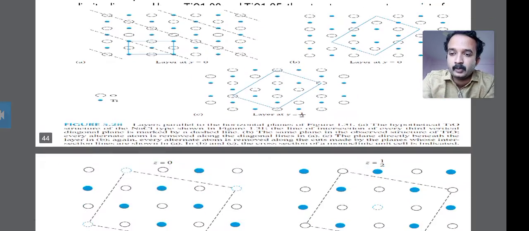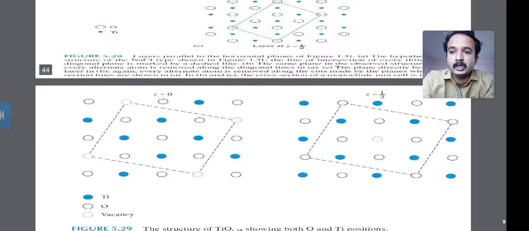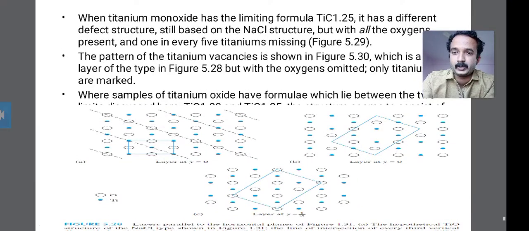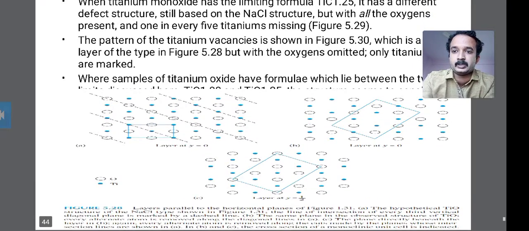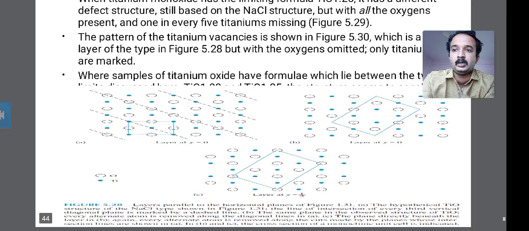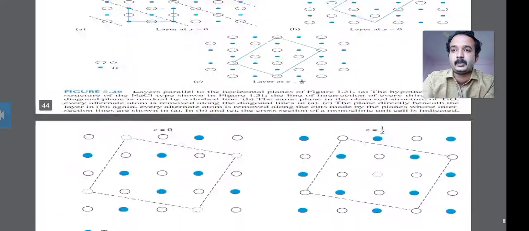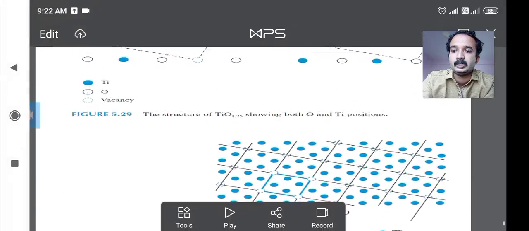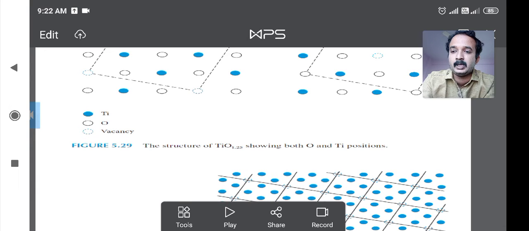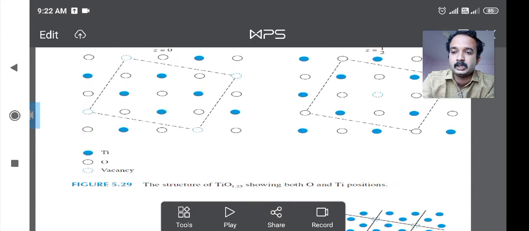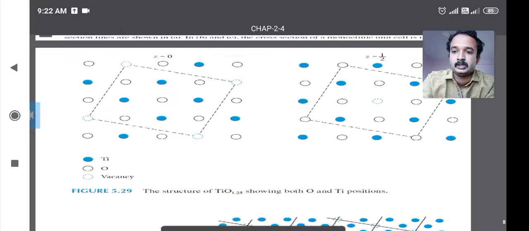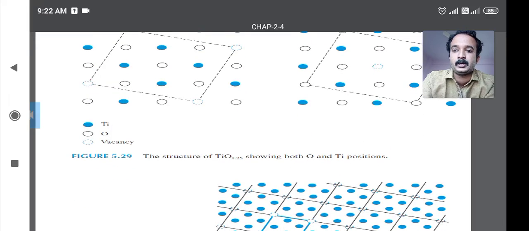Figure 5.29 shows this, where the plain circles show the oxygens, and all the oxygens are present in this structure of titanium oxide.